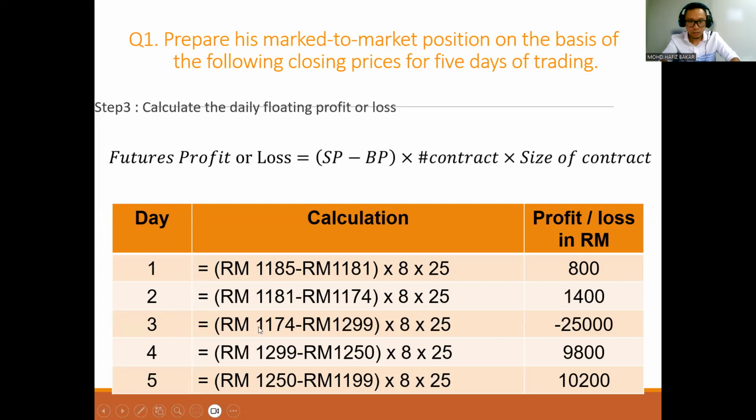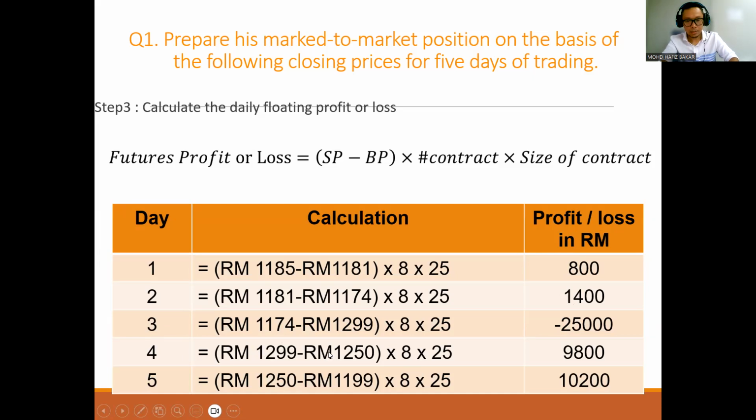Day 3, the day 2 price minus the day 3 price. So 1174 minus 1299 equals negative 125. Negative 125 times 8 times 25 equals negative 25,000. Right? So we get a negative, this is a loss. And then day 4, how to get the day 4 profit or loss?